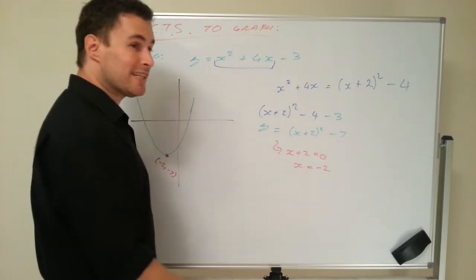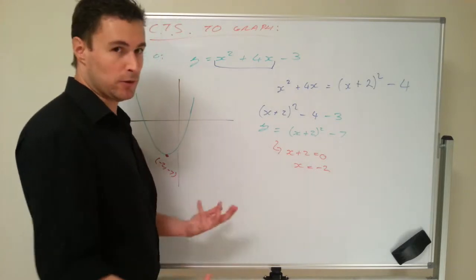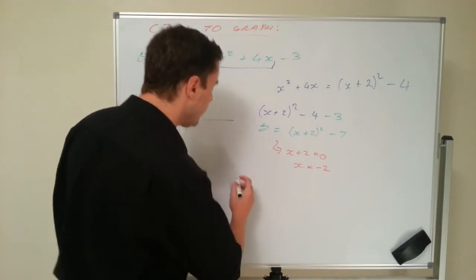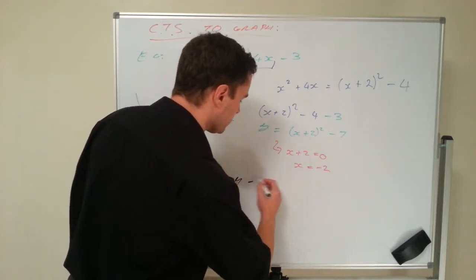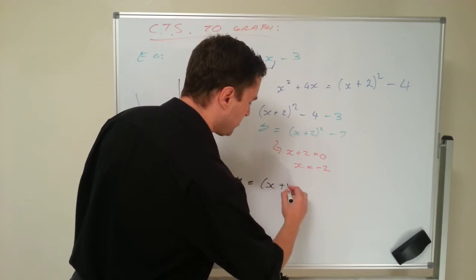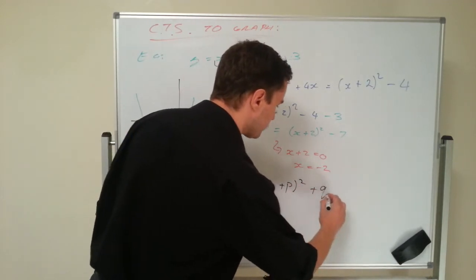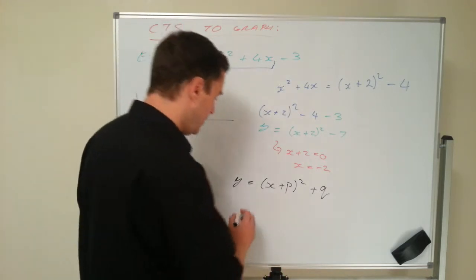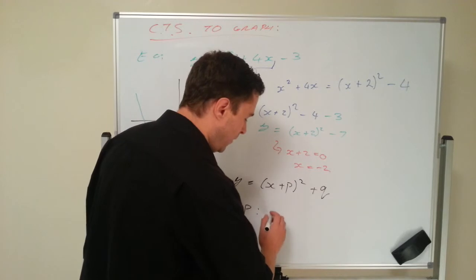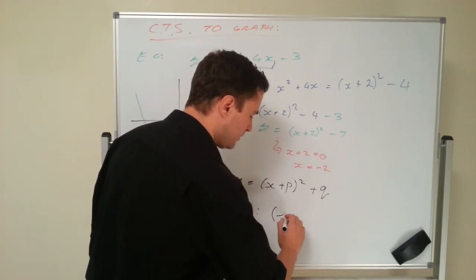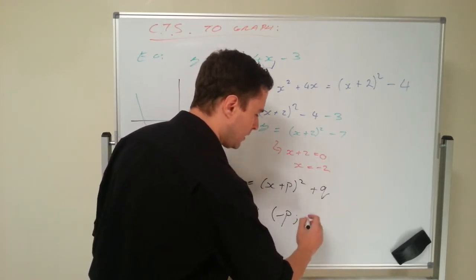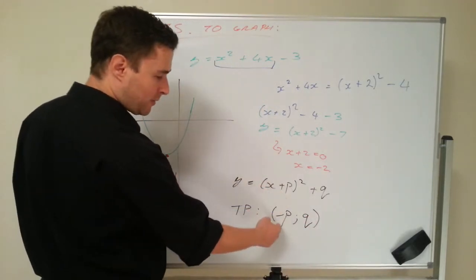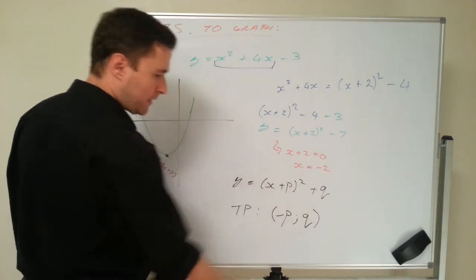This leads us on to the theory that people learn off by heart, but I hope this explanation has helped you understand why it's like this. If I've got the form y equals x plus p squared plus q, then my turning point is at the coordinate minus p, q: the opposite sign for my x coordinate, the same sign for the y coordinate.